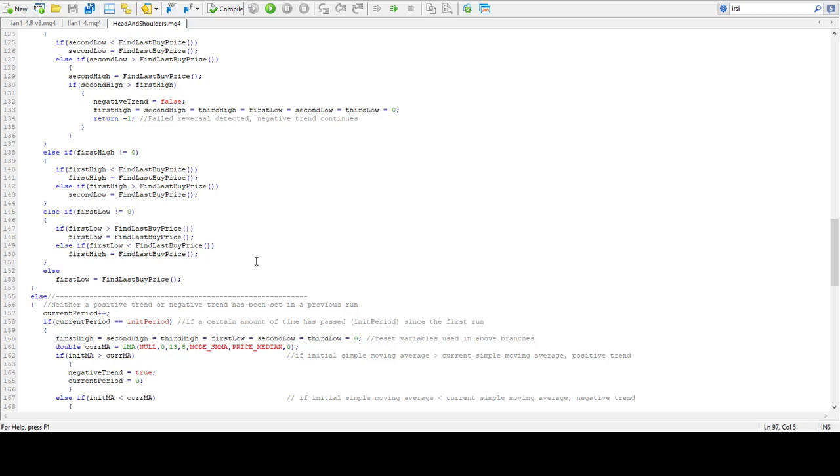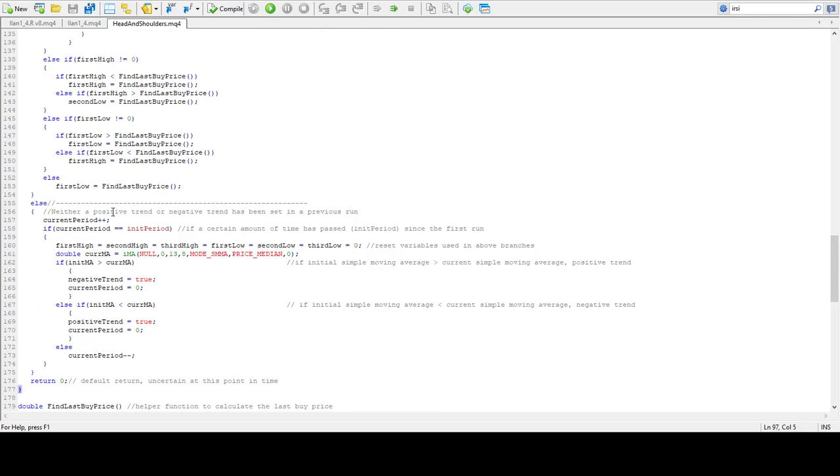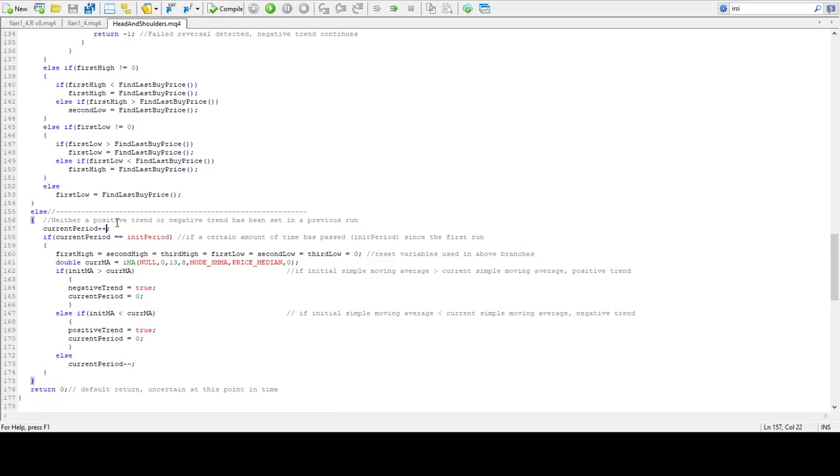Though from the very start, we're just checking current period equal to init period. This is a variable that's set at the start, and it's just to be comparing the simple moving average of a previous period to the current period. If the initial one is greater than the current moving average, then we have a negative trend.